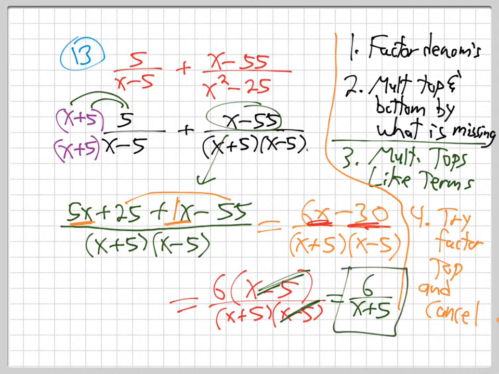That's our answer. When you type it into the computer, you type in 6 divided by, can I just put x plus 5 like that? Yes. Because there's not a second parenthesis, is there, this time? That needs to be grouped together. That'll handle it. Right?